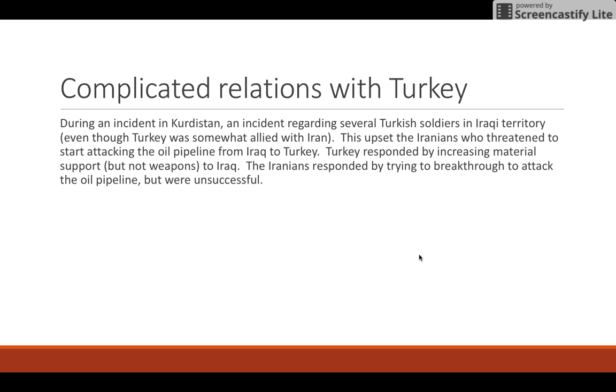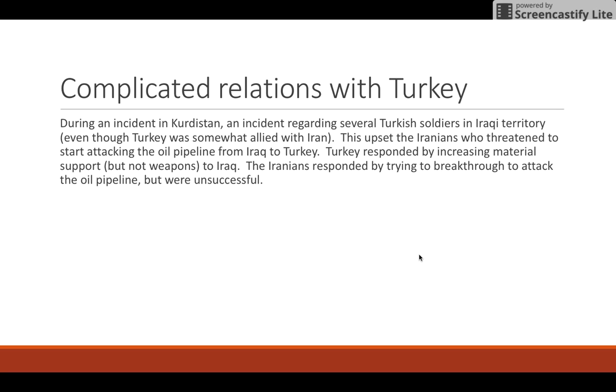Both sides had kind of a complicated relationship with Turkey since it bordered both countries. After an incident in Kurdistan where several Turkish soldiers entered into Iraqi territory to supposedly fight off some of the Iranians pushing into Kurdistan, this really upset the Iranians, and they threatened to start attacking oil pipelines that went through Turkey. It was just a huge diplomatic mess.